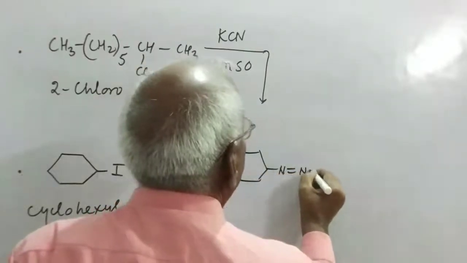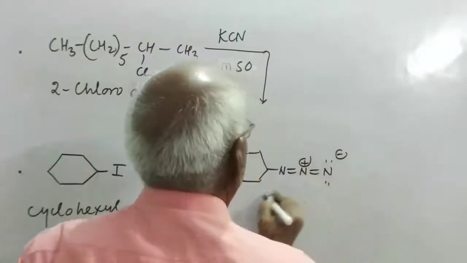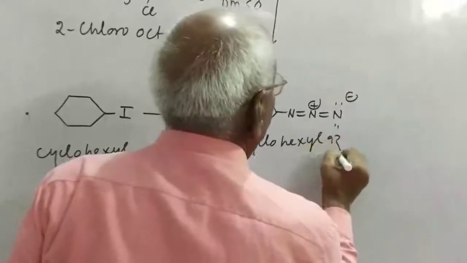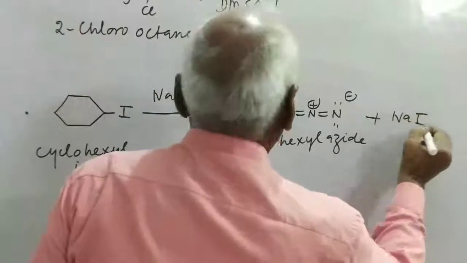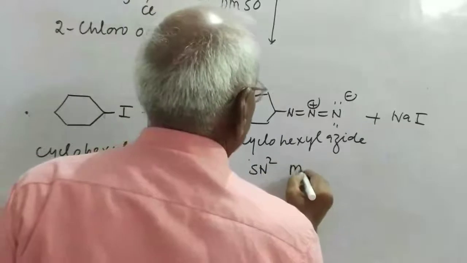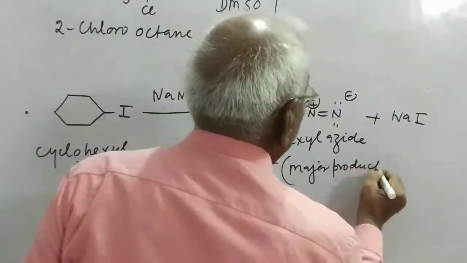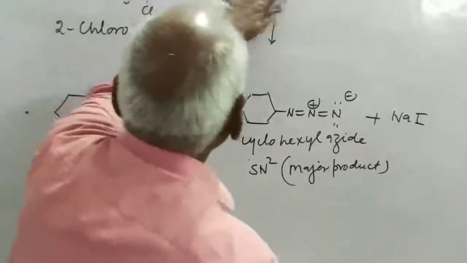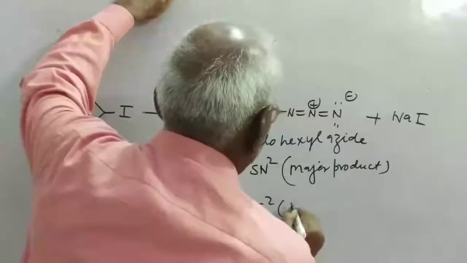This is sodium azide. Cyclohexyl azide plus NaI, SN2 major product, plus E2 minor product.